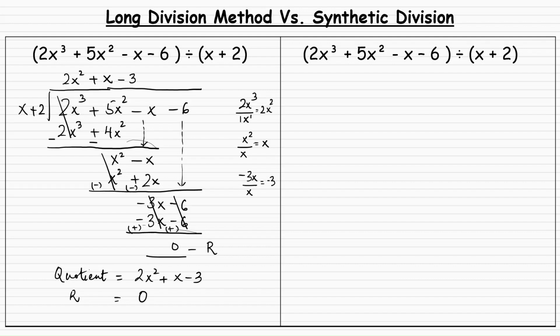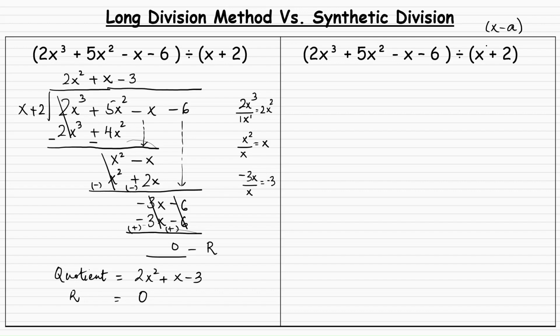Many students find synthetic division method as faster, easier, quicker, but remember it works only when the divisor is of the form x minus a, this linear divisor x minus a. It will not work for any quadratic polynomial as a divisor or if the divisor is of any other form.